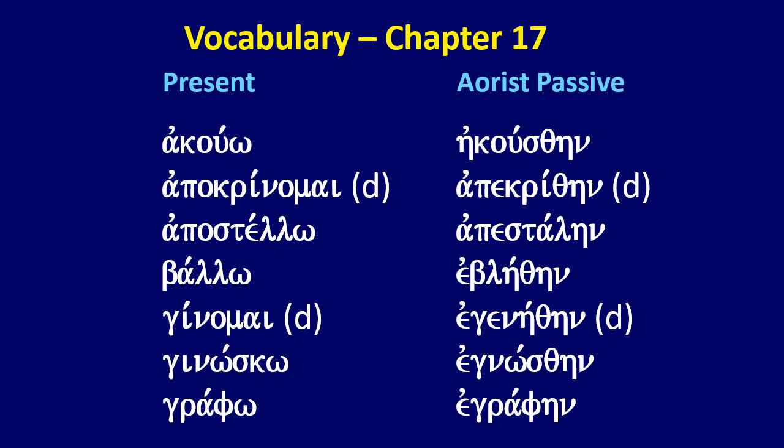Next on the list is ginosko, I know, and then egnosthein, I was known. And then grapho, I write, and egraphein, I was written. I don't know if that's actually a word that's ever used, but that would be its aorist passive spelling form.